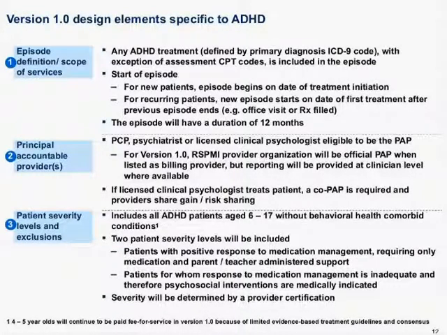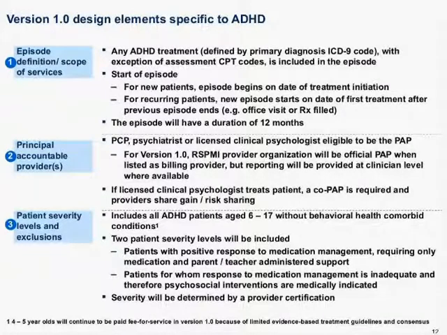The PCP, a psychiatrist, or a licensed clinical psychologist is eligible to be the principal accountable provider. For version 1, the RSPMI provider organization will be the official PAP when listed as the billing provider, but the reporting will be provided at a clinician level where it's available.